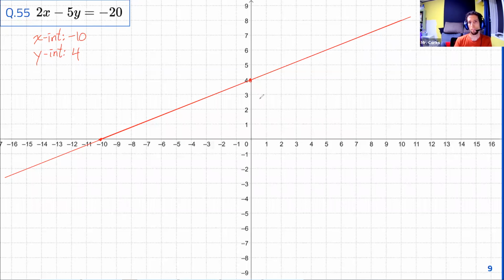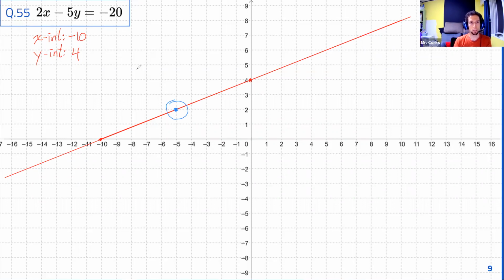We can see the point (-5, 2). So we can choose, like we just heard, any point that we see on the line. This looks like (-5, 2) should work in our equation.